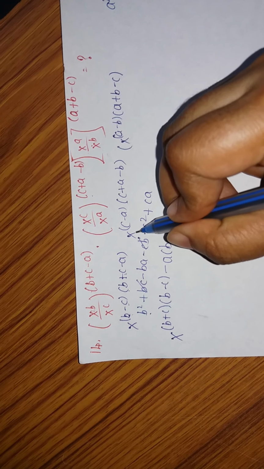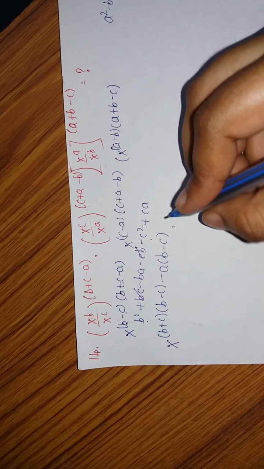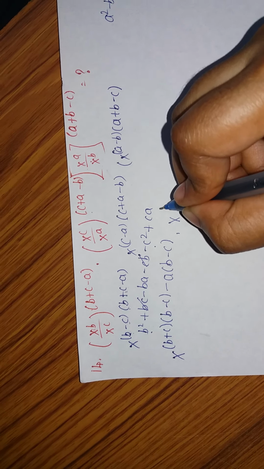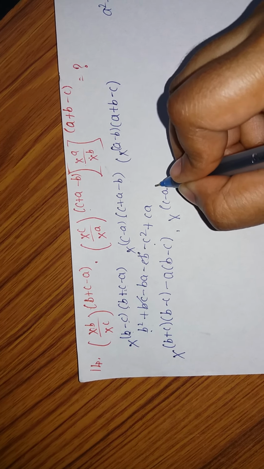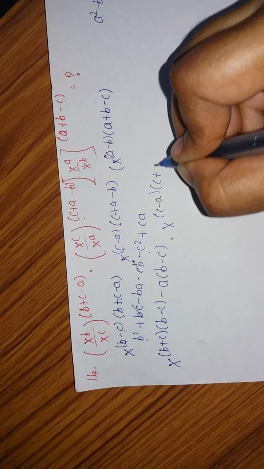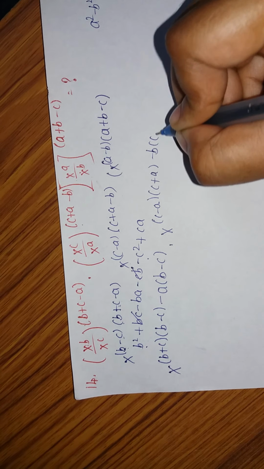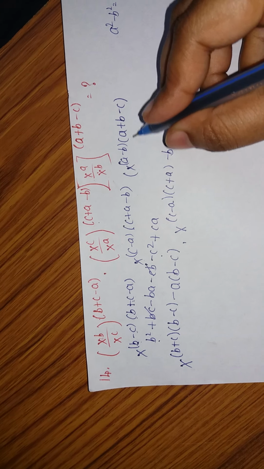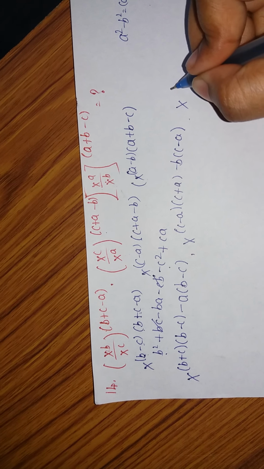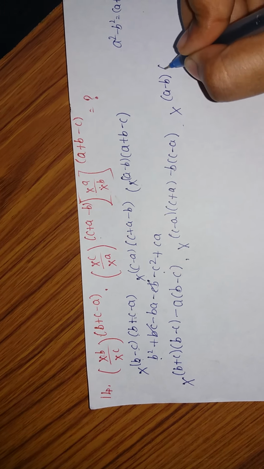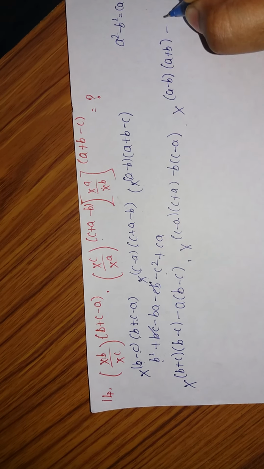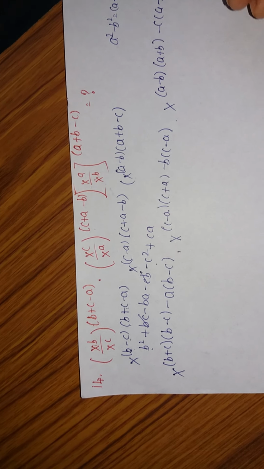So by solving these two numerals also we can get x power of c minus a into c plus a minus b of c minus a, and by solving this numeral we can get x power of a minus b into a plus b minus c of a minus b.